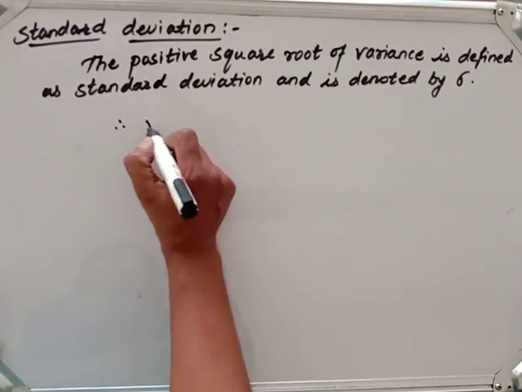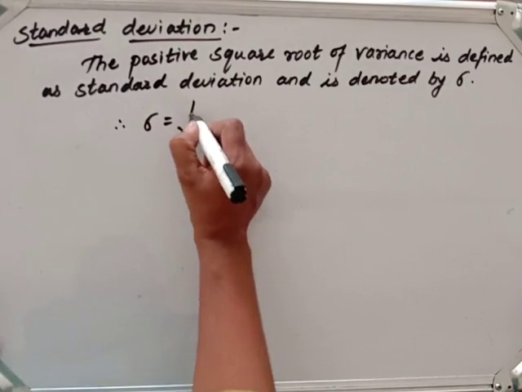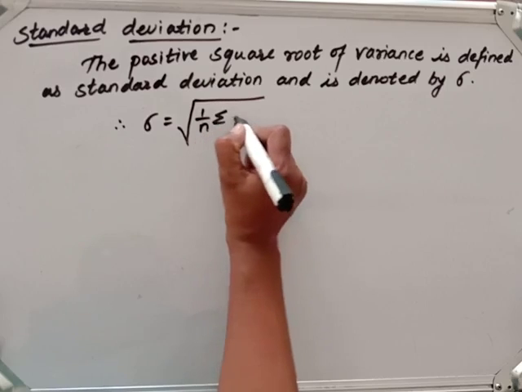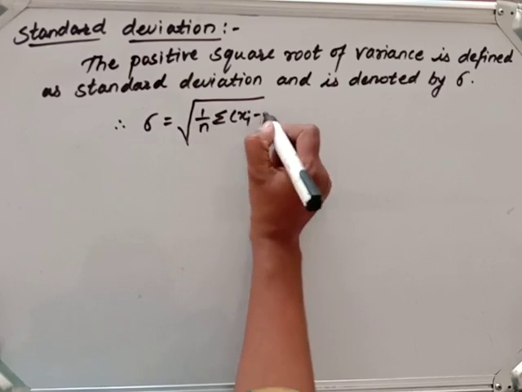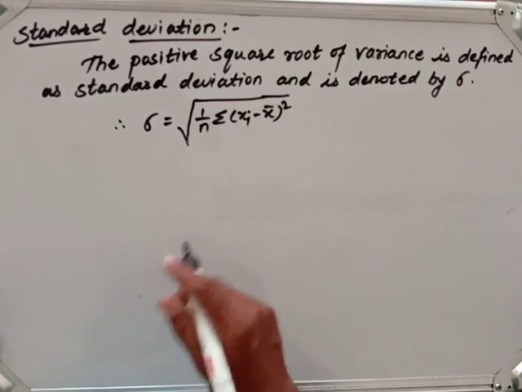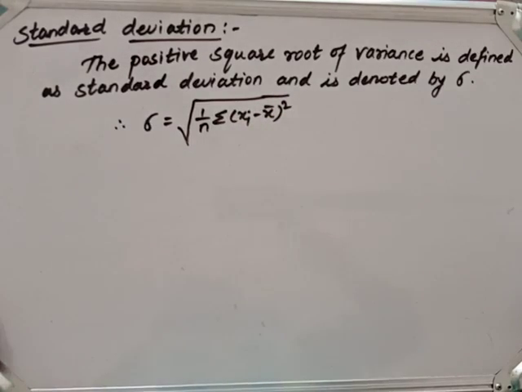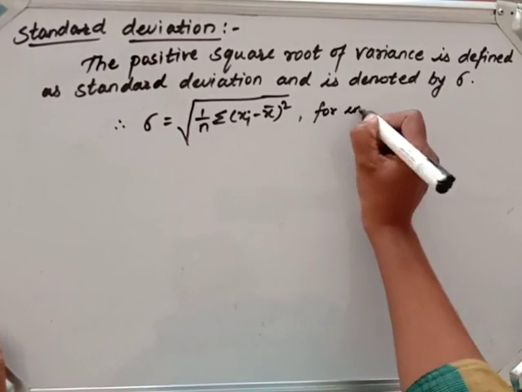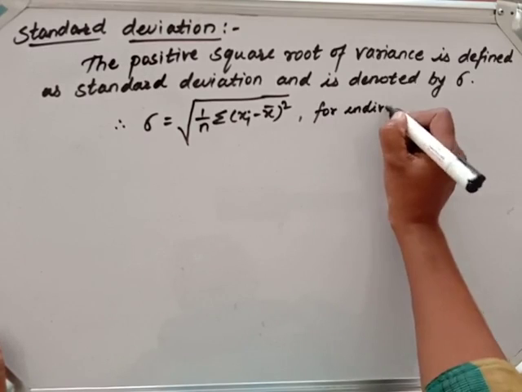Therefore, what can we say? Sigma is the square root of 1 upon n summation xi minus x bar square. This is for individual distribution.